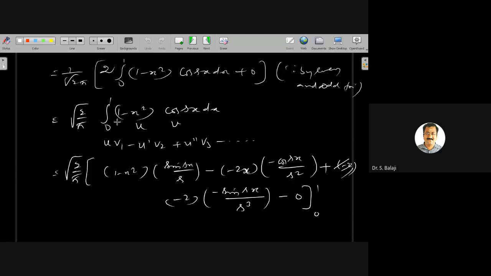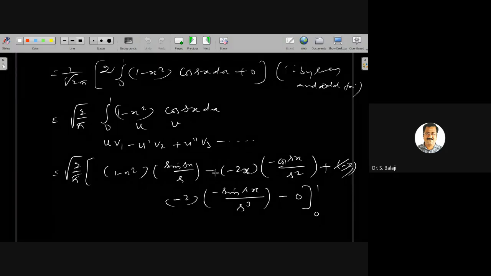Then we can apply integration by parts for the product of two functions here. 1 minus x square, keep as it is, and the integration of cos sx will be sin sx by s. Then minus, by the formula, differentiation of this factor, minus 2x, into integration of the second factor, minus cos sx by s square.